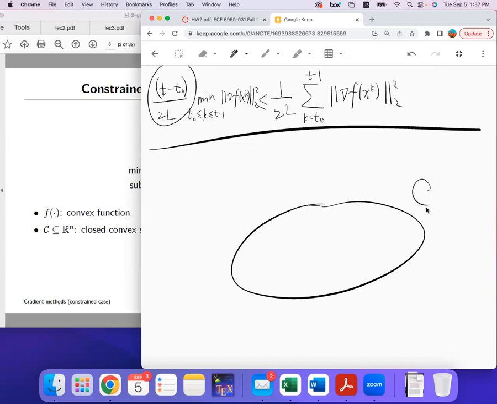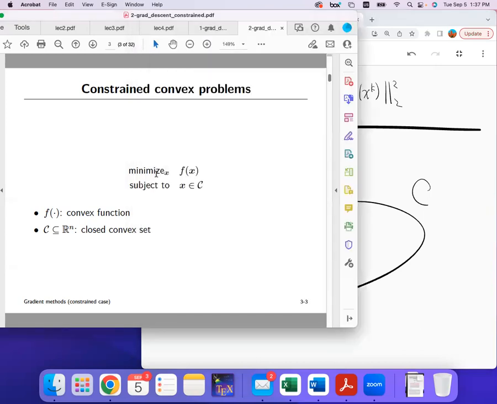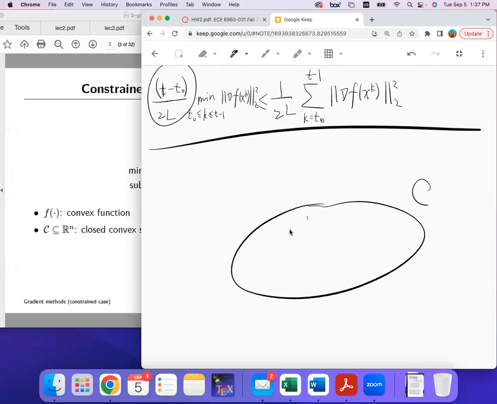Suppose this is the feasibility set C. We only consider the optimization problem within this set. We are restricting the function within this set. But if you follow gradient descent, you may jump out of this feasibility set and violate the constraint. So we have to fix this.